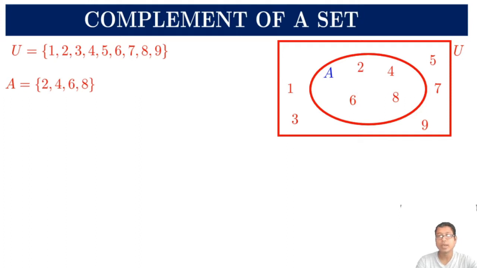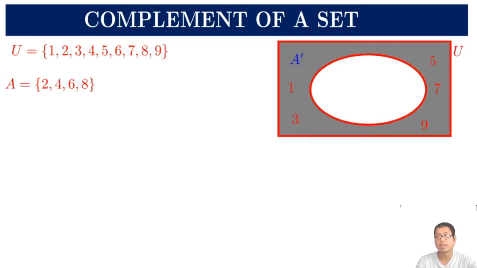A consists of 2, 4, 6, 8 and U consists of all these elements. Now if I want to talk about the complement, then simply all elements of A will be eliminated from here. So I can write A complement as 1, 3, 5, 7 and 9. That means all elements present in U which are not present in A. So that means it is the difference, U difference A.